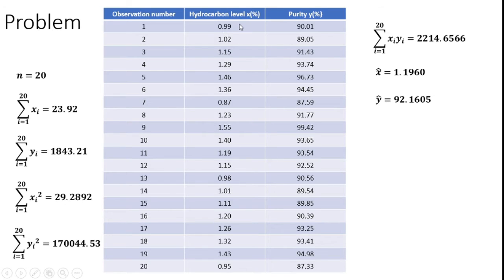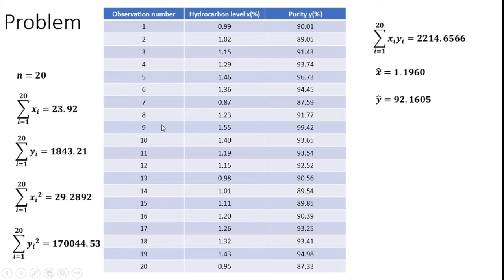The hydrocarbon level is known as x, so the summation of xi for i equal to 1 to 20, because 20 observations are available, is equal to 23.92. Similarly, we conduct the summation with the other axis, the purity value, which is yi.